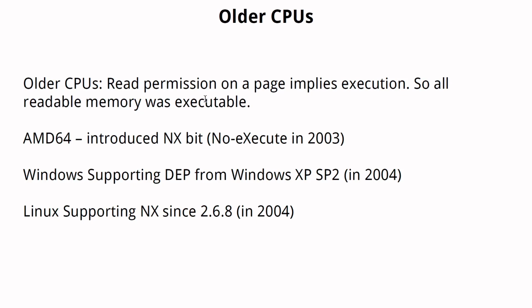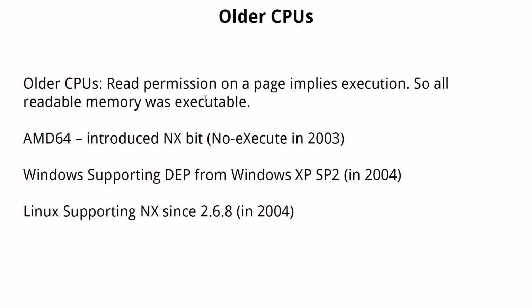Older CPUs don't have this DEP feature. They do not have the execution permission. Read implies execution. If the program can read a memory region, it implies that the program can also execute that region.